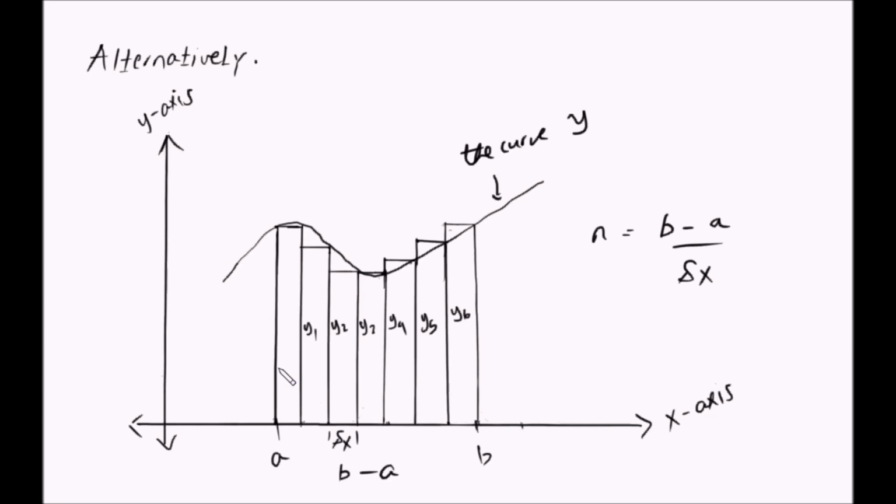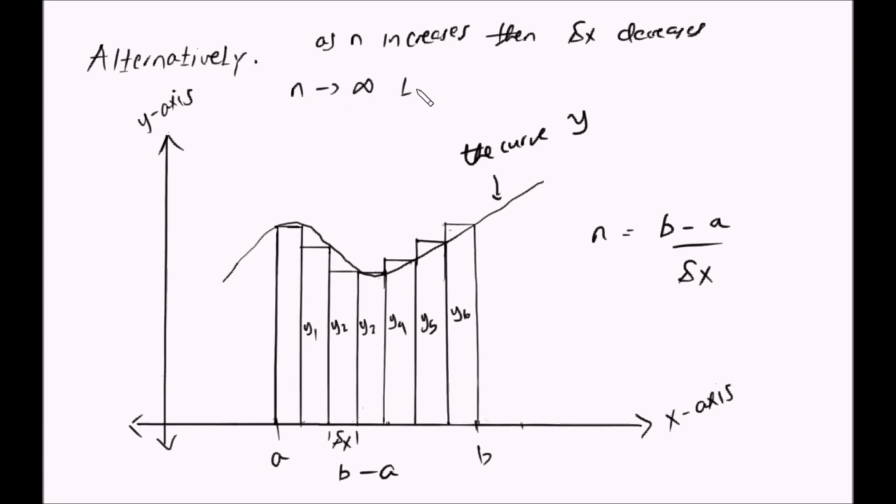Hizi rectangles zikiongezeka zikawa nyingi zaidi kwenye hii span b minus a, width delta x itapungua. So as n increases, then delta x decreases. So fanya hizi number of rectangles zikawa nyingi kupita kiasi, yani n iwe na approach to nini?